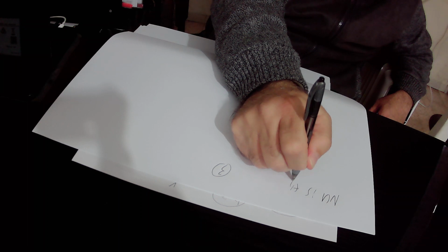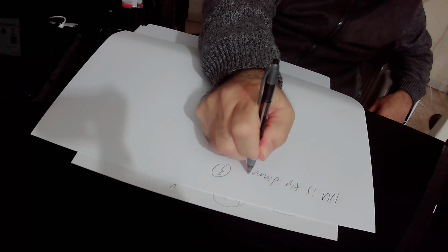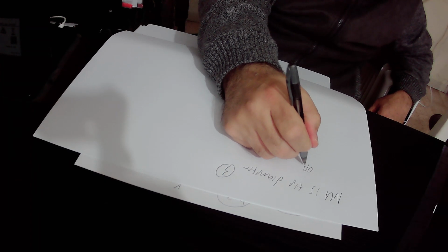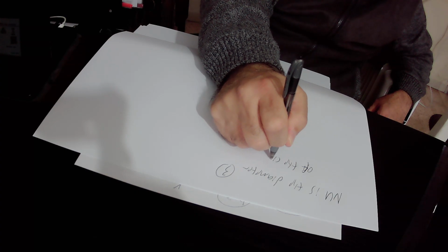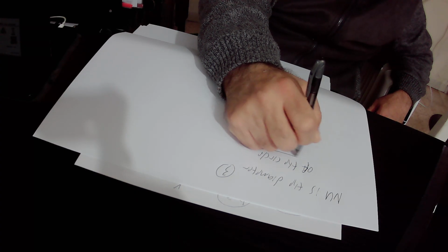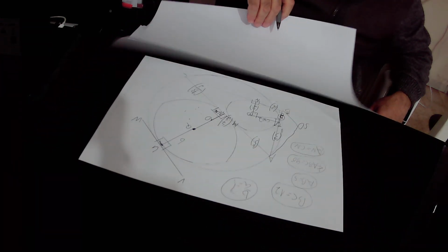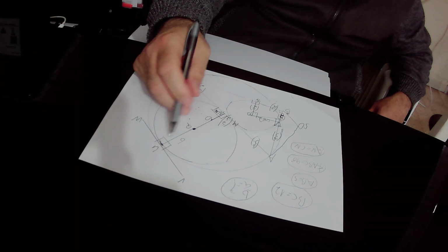NU is the diameter of the circle. But we also know that the diameter of any circle is twice as long as the radius, and the radius of this circle is b.